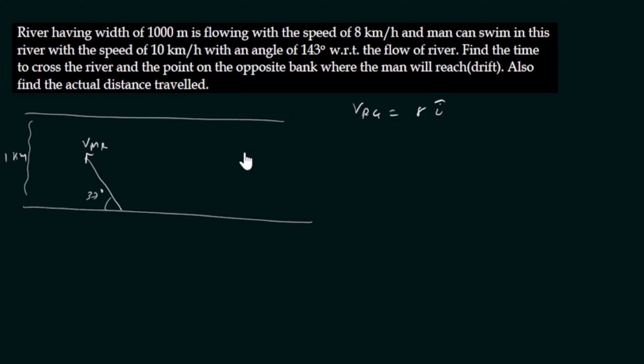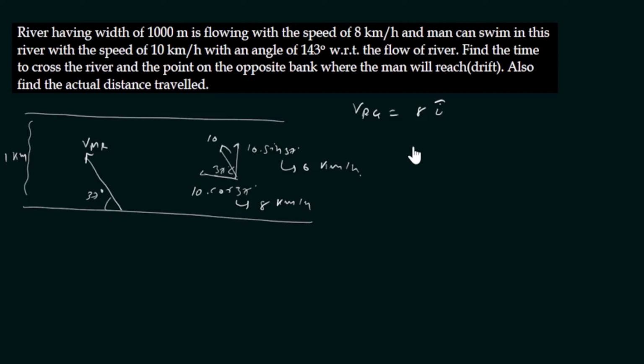You can clearly see the 37-degree angle, and this is 10. So 10 cos 37 will be here, and 10 sin 37 will be here. This is 10 cos 37. 10 sin 37 is 6 km per hour, and this will be 8 km per hour.